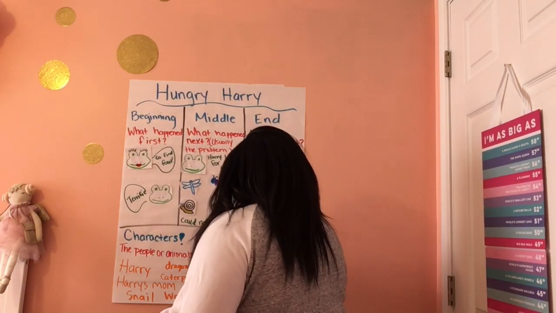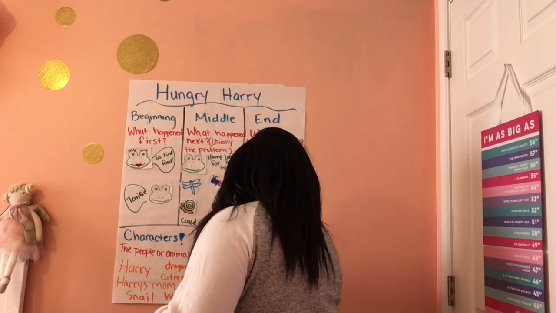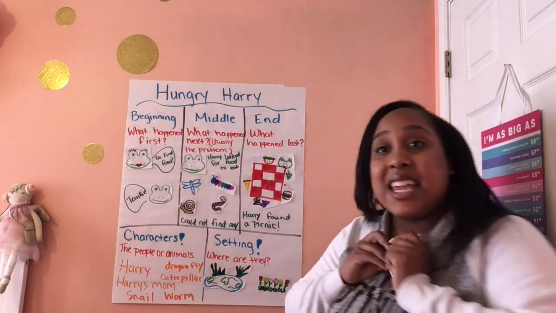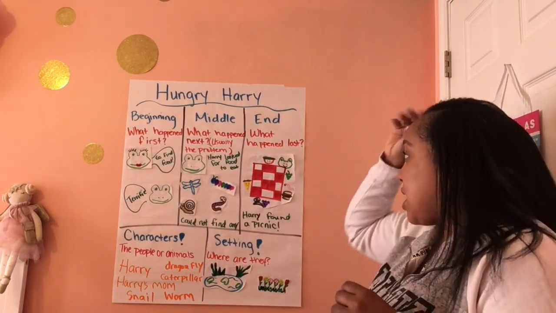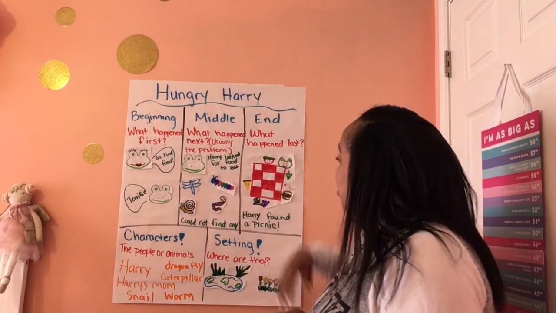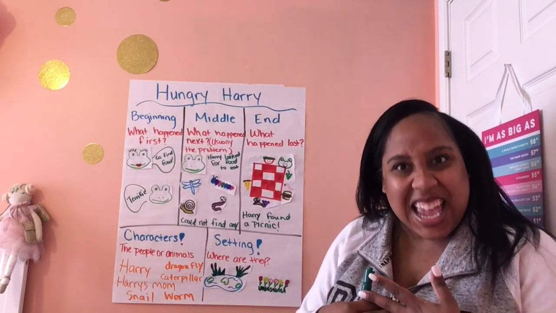Harry found food. So he found food and he even invited all of the friends, all of the people he met before. So now he has food and friends. What a great ending, right?